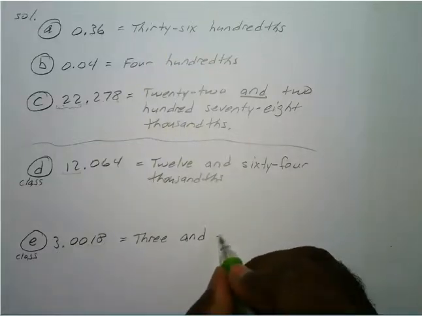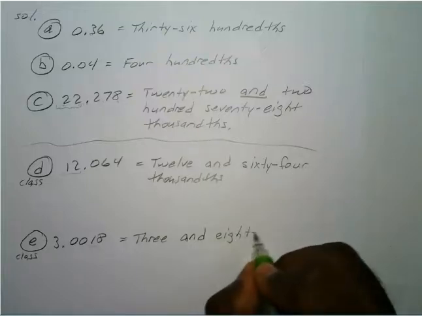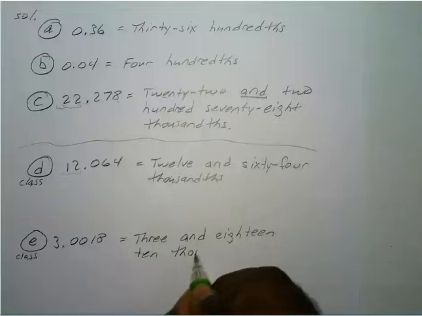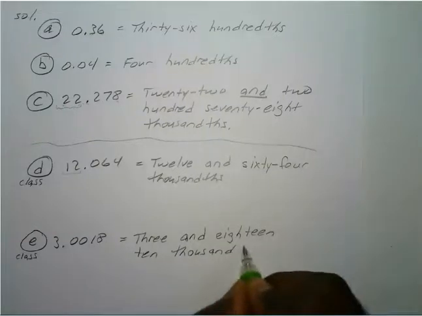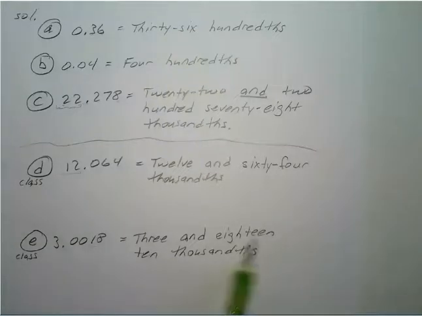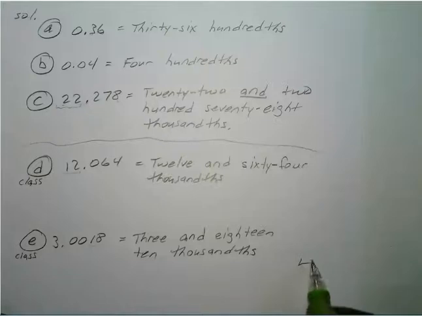And 18 ten-thousandths. Once again, 18 is a 2-digit number, but it's only one word, so you don't have to worry about dashes for that one. All right, so that's how you convert those to words.